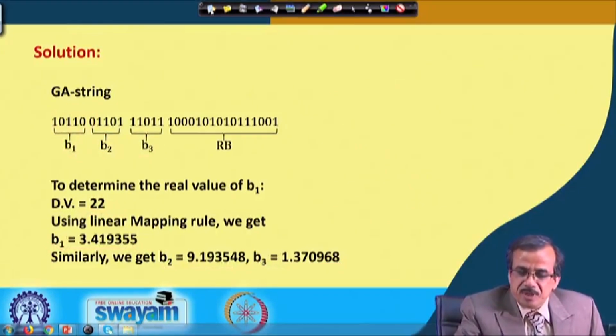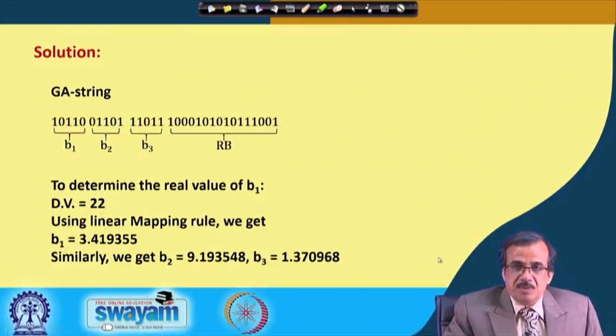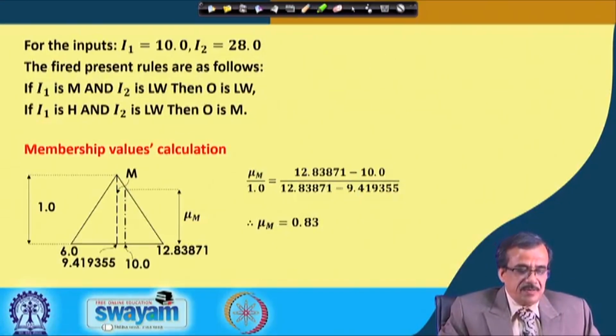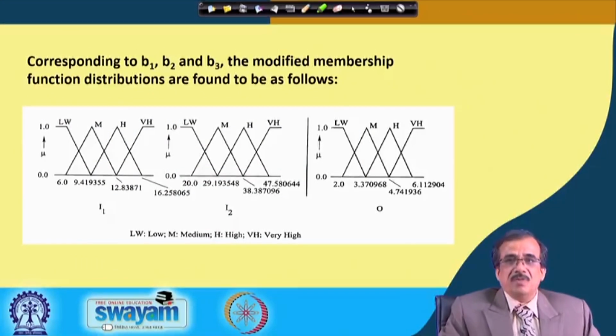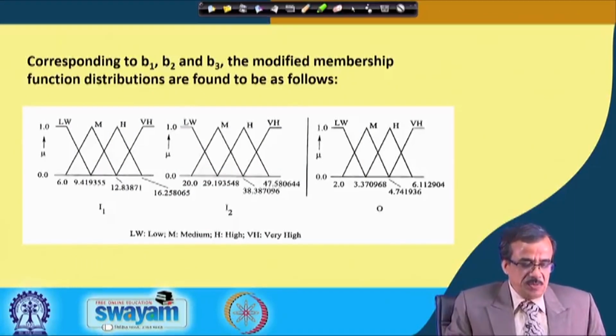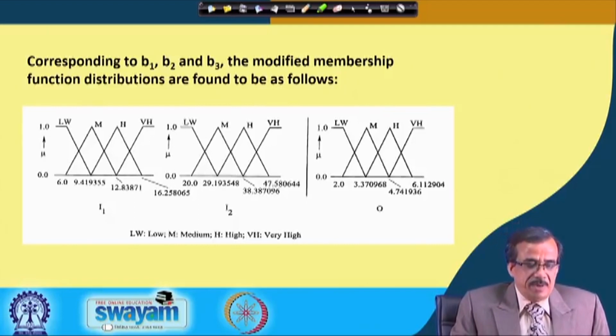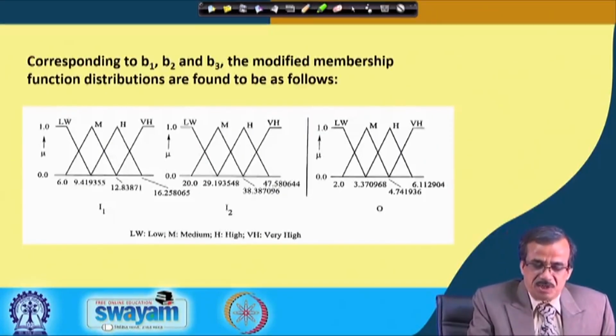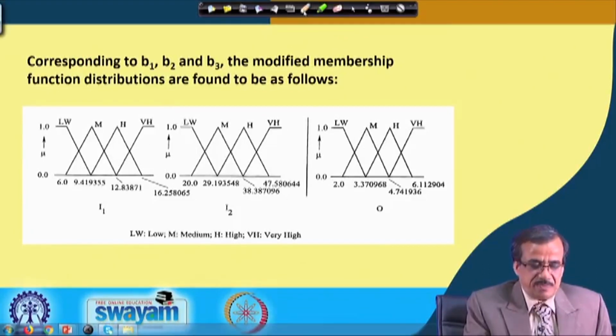Once you have the real values for B1, B2 and B3, we are in a position to find the modified membership function distribution. The modified membership function distribution will look like this.